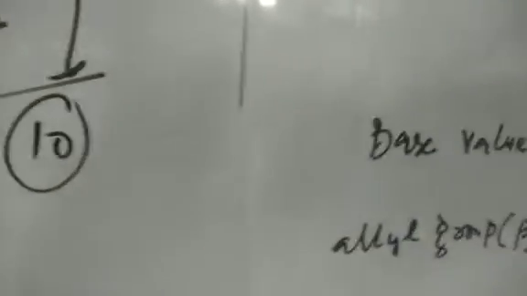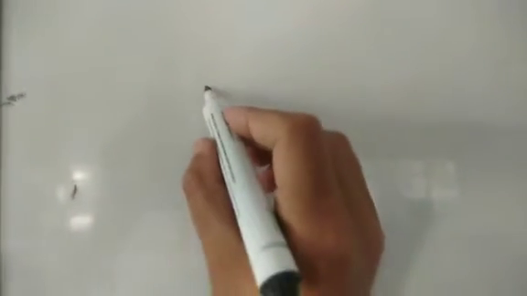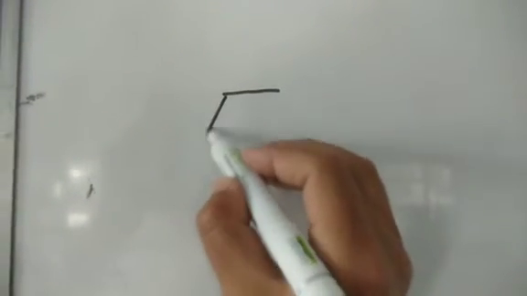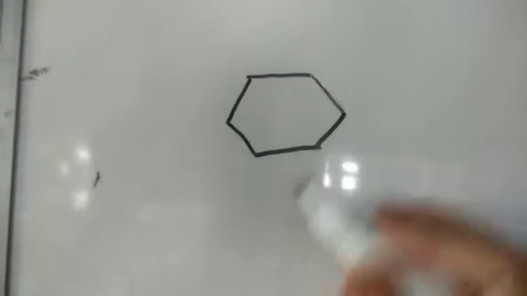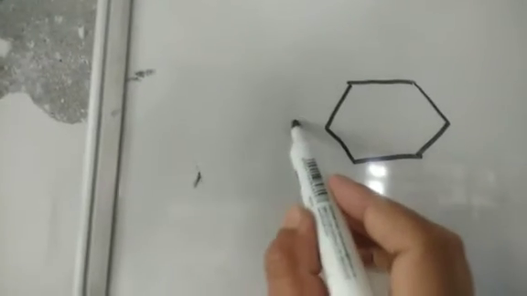First we take the example of a compound. Let's take the example of a compound. Let's have a compound like a six-member ring.